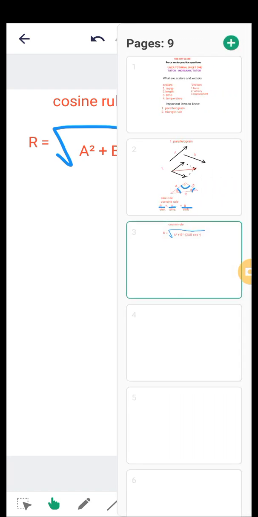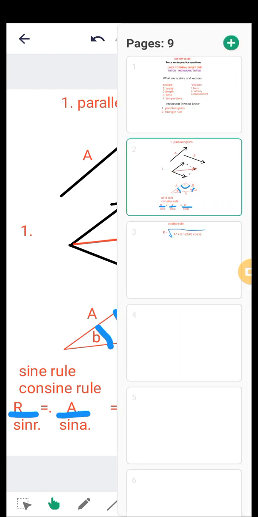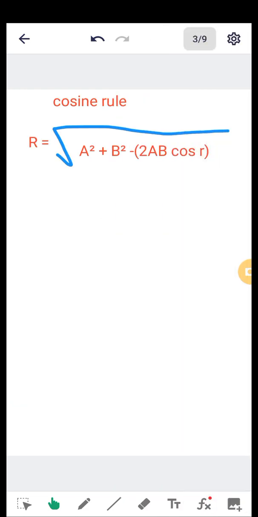Let's go back to the diagram. You'll be given two sides A and B and this angle, then asked to find the resultant. You can use the cosine law formula. These are very important things you need to understand on this topic.